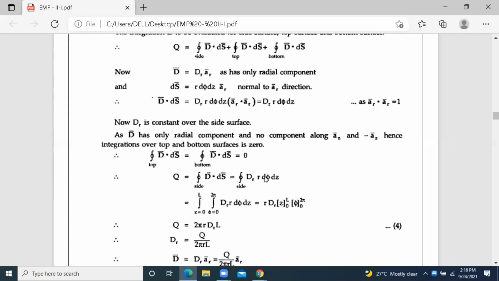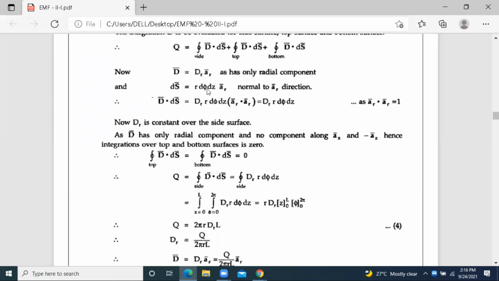So the dφ would be 2π over 4. For the entire side, it would be r times 2π times whatever z is: 2πr times height. Your height is z. But it's just written this way.